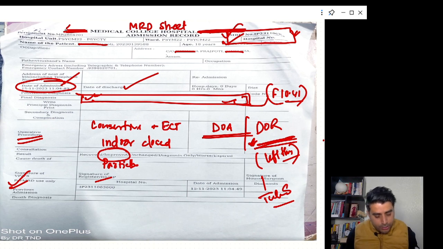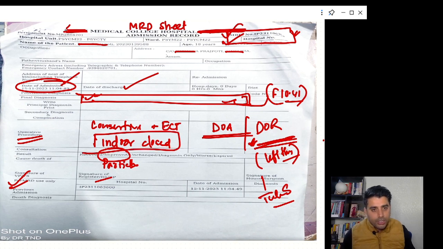No, it is not completed, because you have closed the indoor register, but where is the indoor register? You need to find out the indoor register. Remember, for any patient admitted in the indoor, there will be an indoor register.